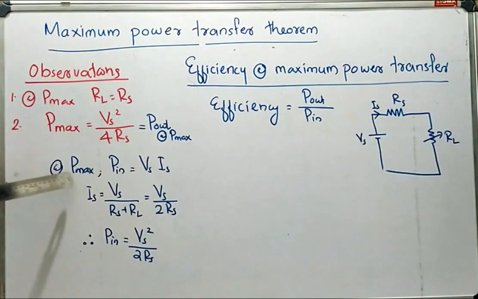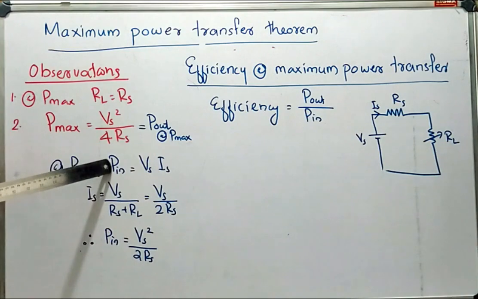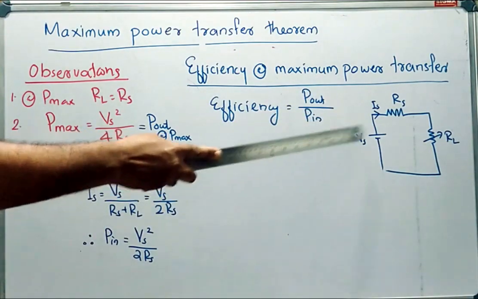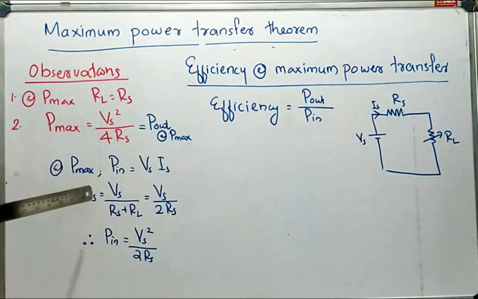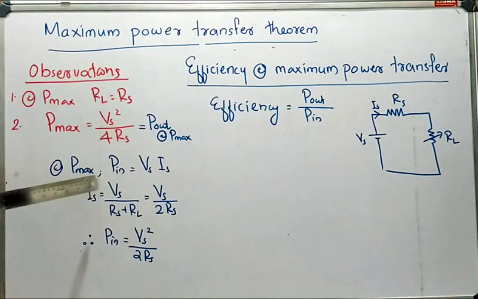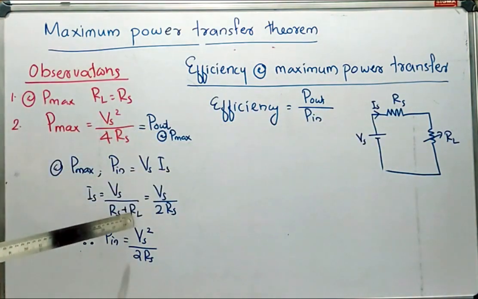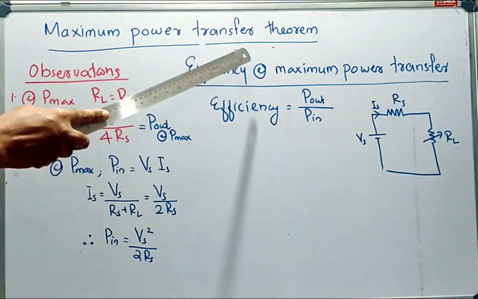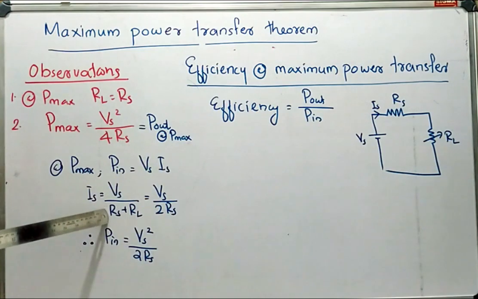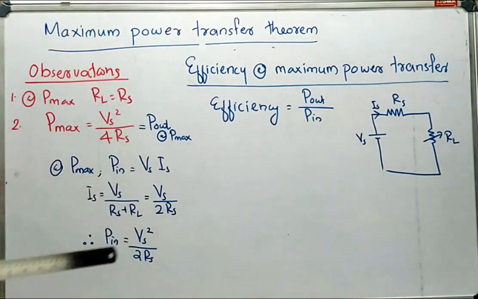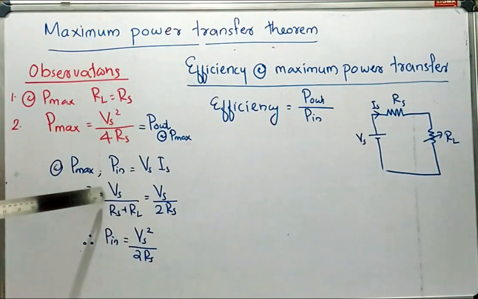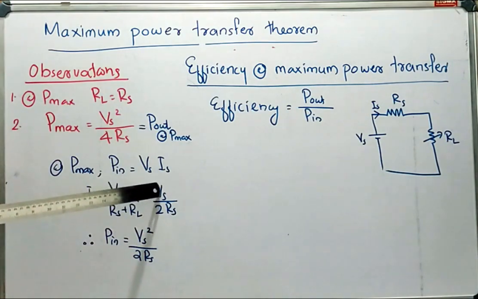So at Pmax, input power is equal to source voltage into source current, that is Vs into Is. As we know, Is is equal to Vs divided by (Rs plus RL). At maximum power transfer condition, source resistance is equal to load resistance. So Is becomes Vs divided by 2Rs.